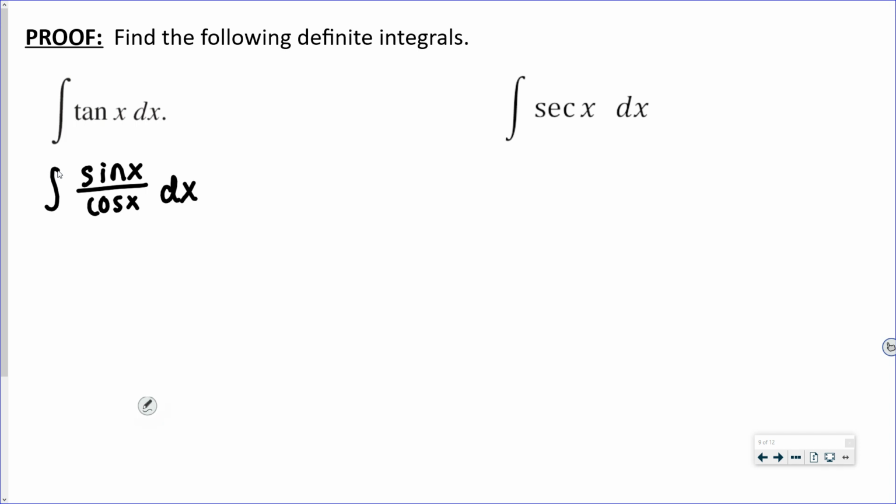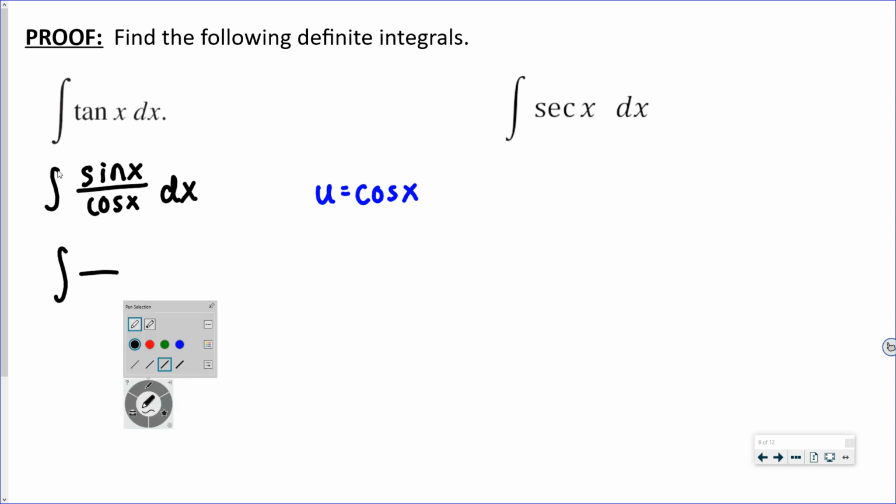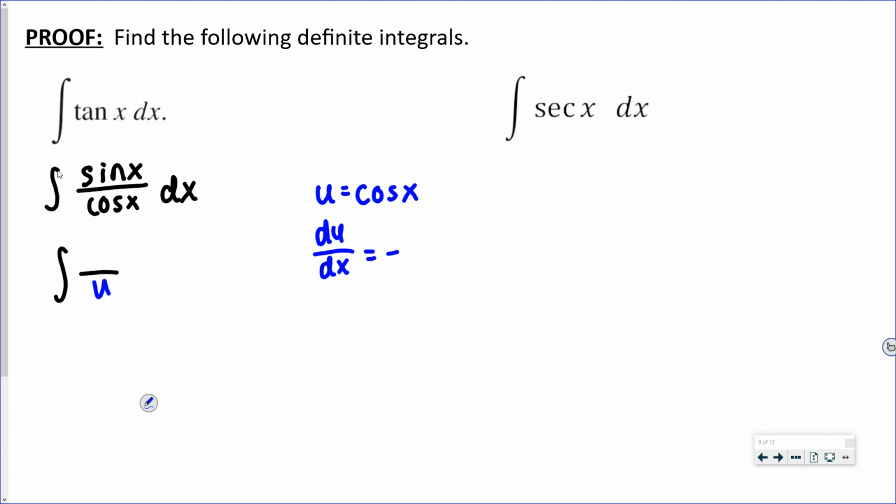All right, so I'm going to let u be cosine. That means that du dx is negative sine of x, which means du is negative sine of x dx.